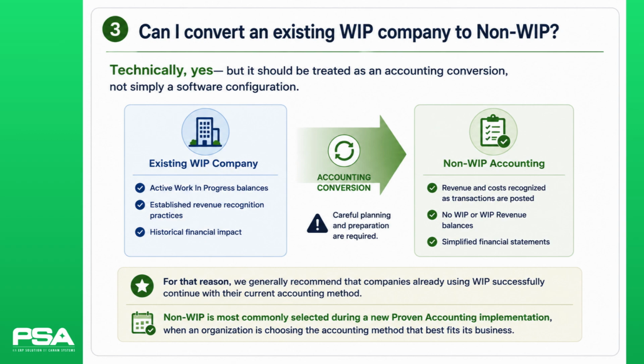For that reason, we generally recommend that companies already using WIP successfully continue with their current accounting method. Non-WIP is most commonly selected during a new Proven Accounting implementation, when an organization is choosing the accounting method that best fits its business.